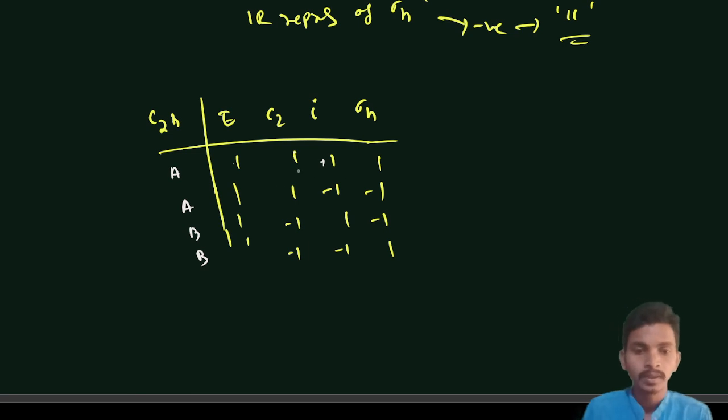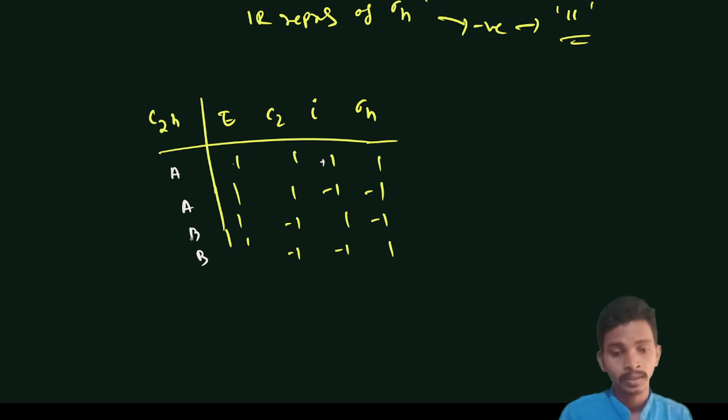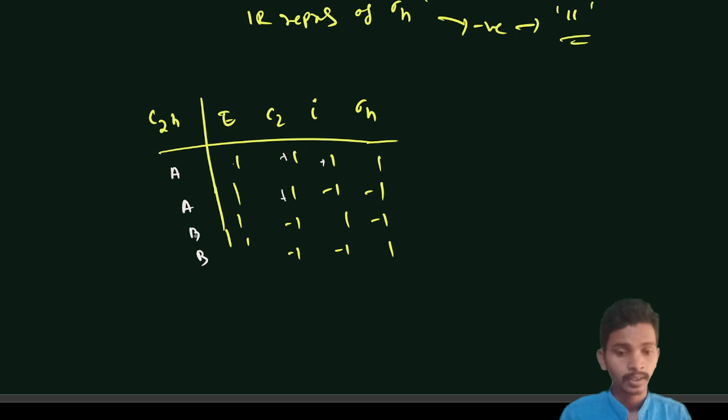This one we are looking at. Here E is 1, so A or B will come. Here C2 is 1, so A, and here is also 1, so A, positive value, so A, negative, that's why B, B.